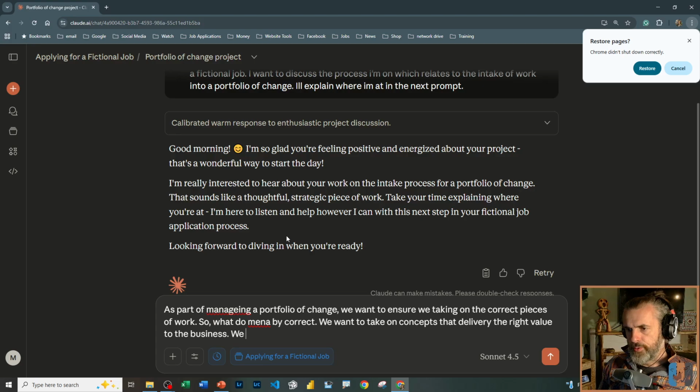We want to maximize value and take on the minimum amount of risk for our investment.